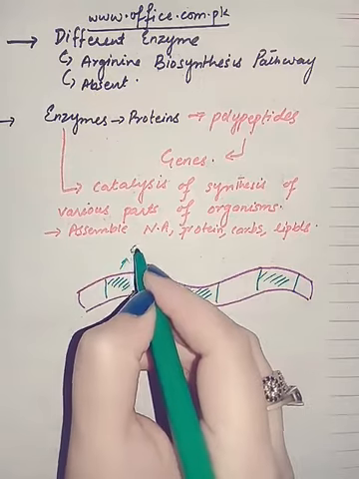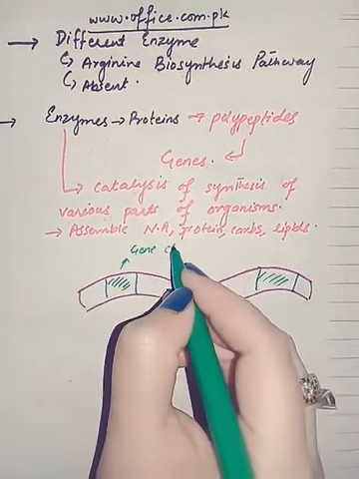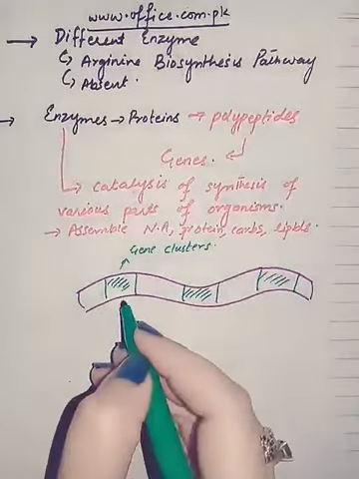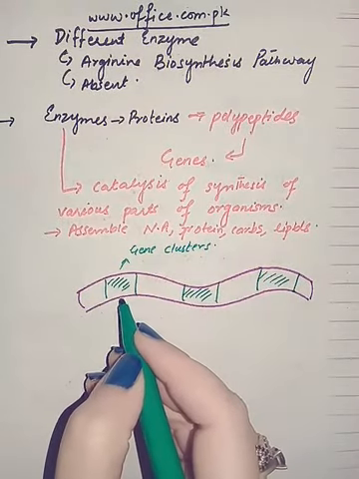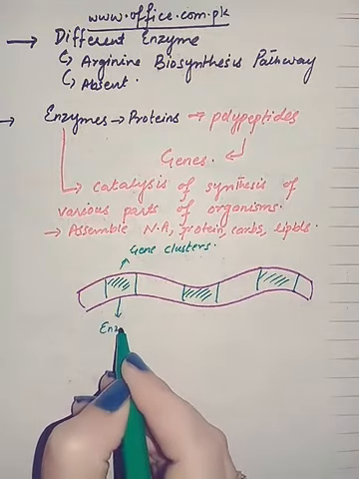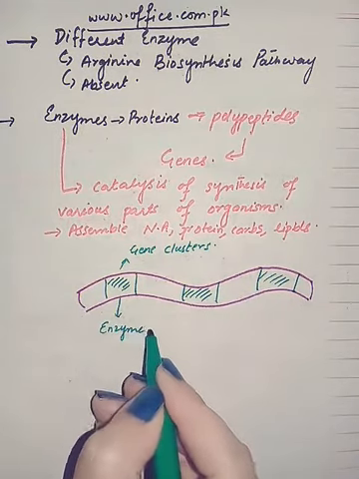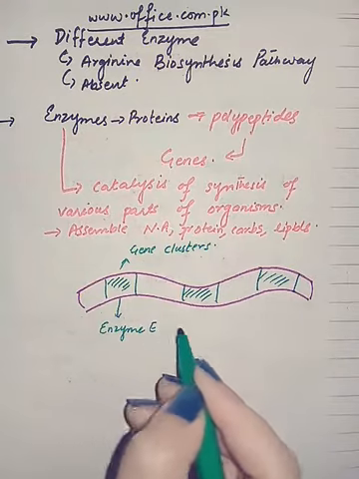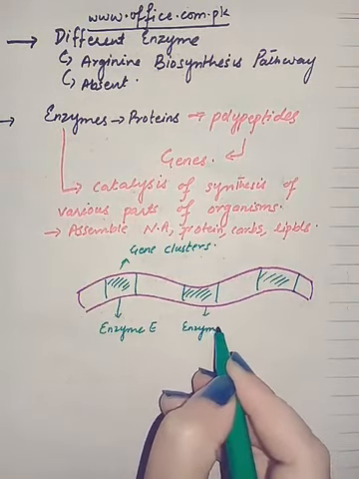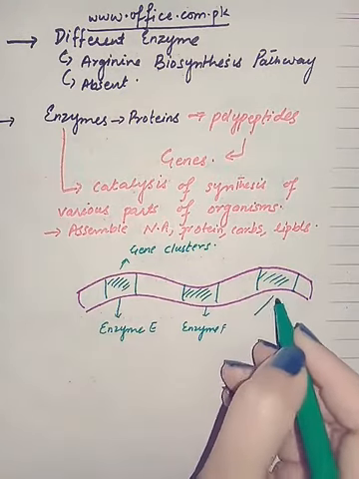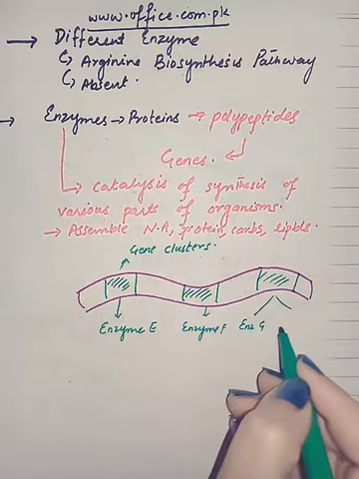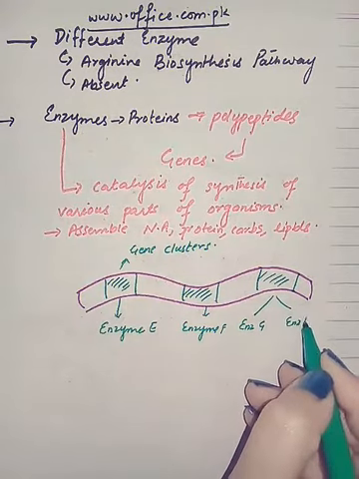What are these? These are gene clusters. Now this cluster is encoding enzyme E. This is encoding enzyme F, and this is encoding two enzymes, enzyme G and enzyme H.